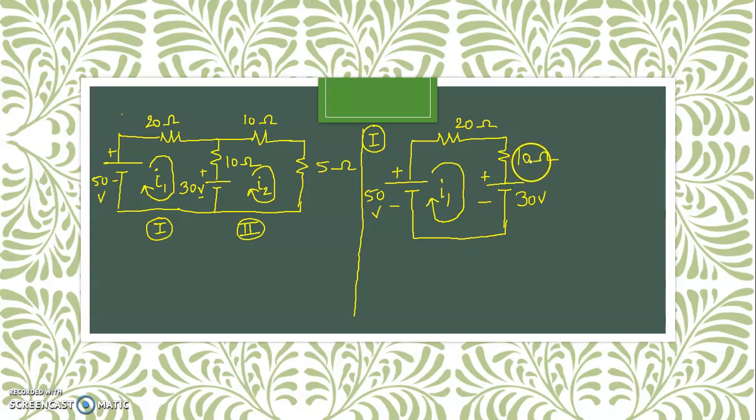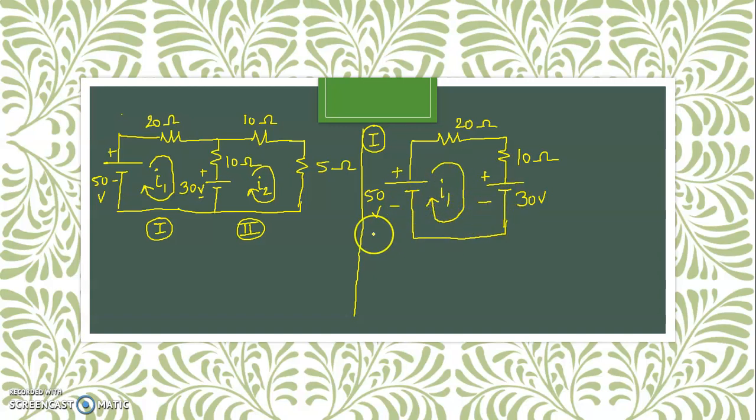Now this 10 ohm and 30 volt is basically the intermediate elements. These two are two elements. Two elements are intermediate elements connecting loop 1 as well as loop 2. You just check this circuit. But as we are writing the expression only for loop 1, we have to consider this particular loop.